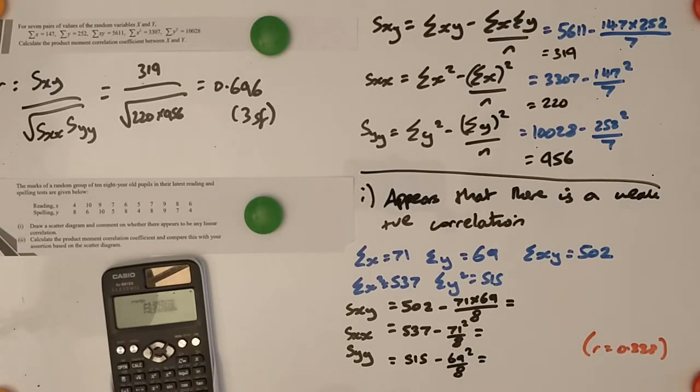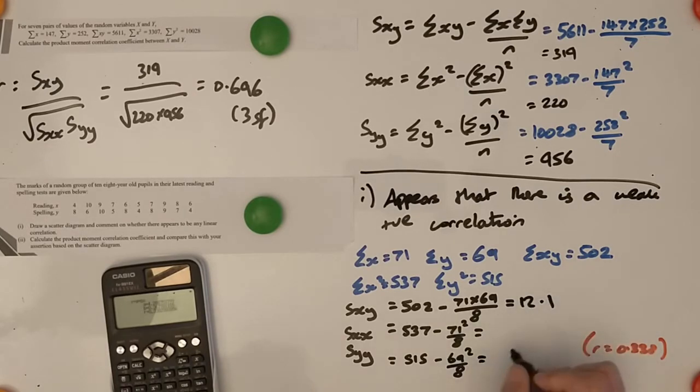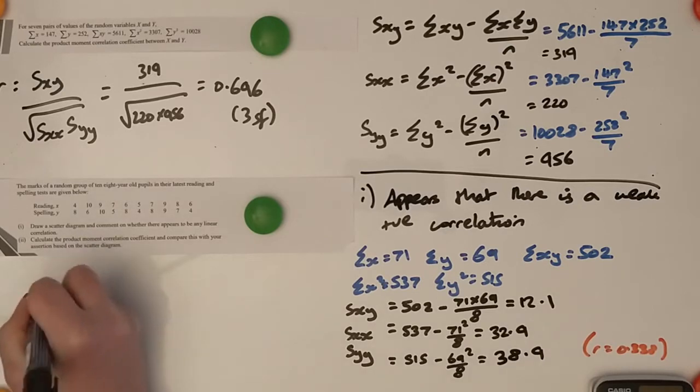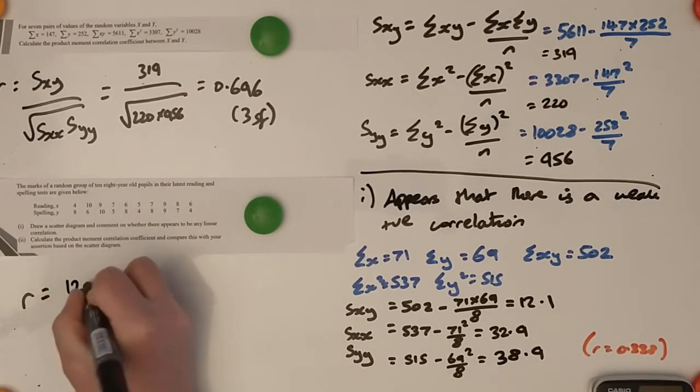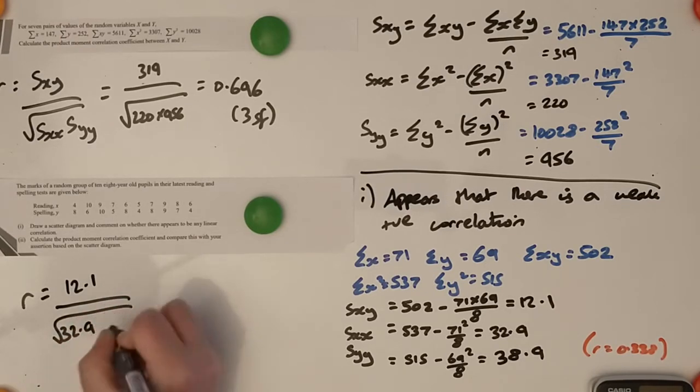Okay, we put these into our calculator, we get SXY is 12.1, SXX equals 32.9, and SYY is 38.9. Then we need to work out what R is. So R is SXY, so 12.1 divided by the square root of 32.9 times 38.9.